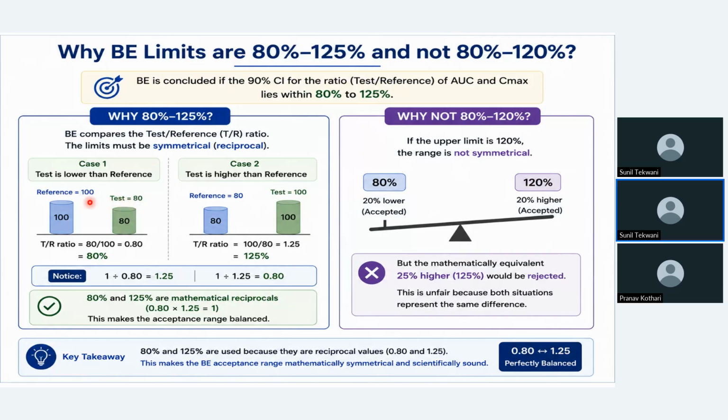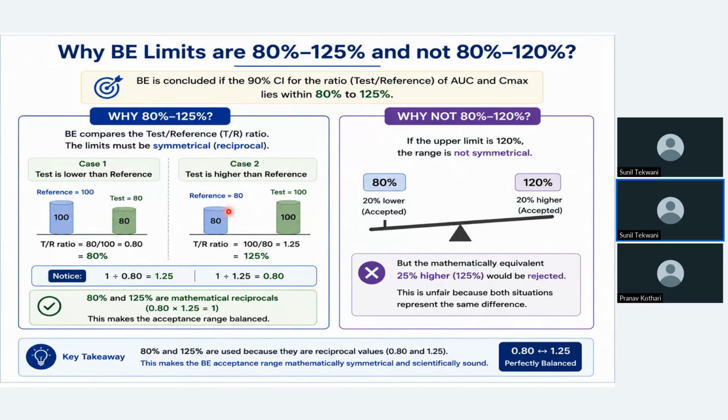Its ratio is calculated. The ratio is test divided by reference always. T by R ratio, not R by T ratio, is calculated. So T is 80 units, R is 100 units. The ratio is 0.8. 0.8 converted into percentage becomes 80%. So this variation of 20 units is allowed, and vice versa.